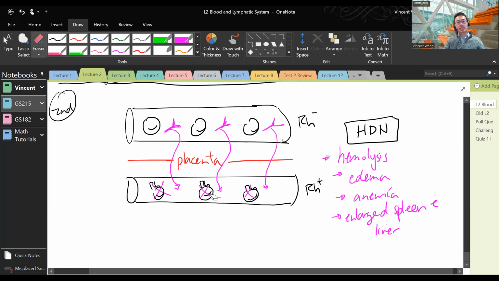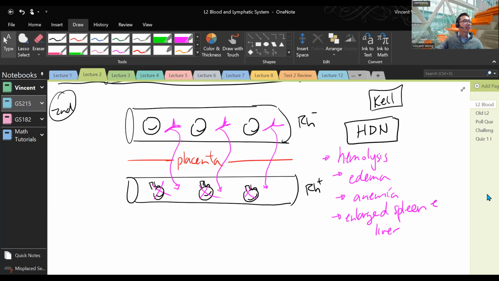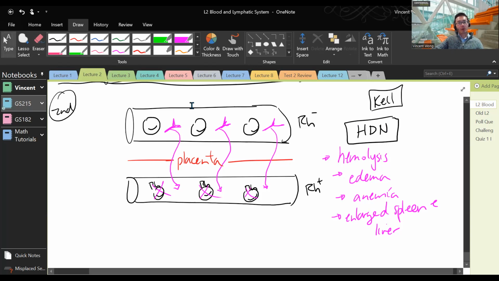And it's not just Rh that could result in this. There are other blood group mismatches that could cause this problem. If you're interested, another one you can look up is Cal. Cal mismatch can also be pretty severe. All right, so that's the answer for number 6. That's how sensitization could result in hemolytic disease of the newborn.